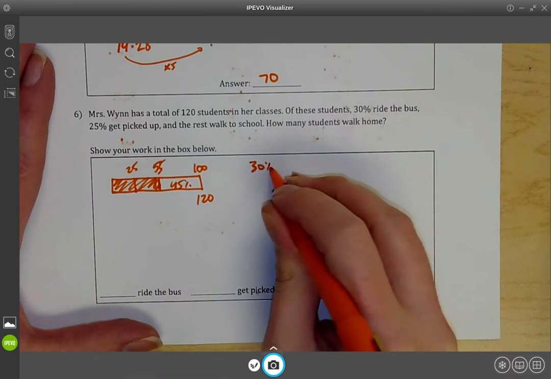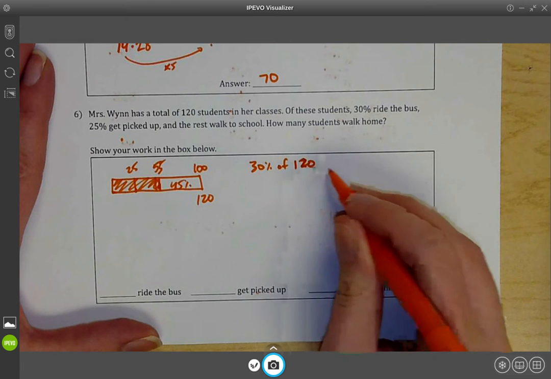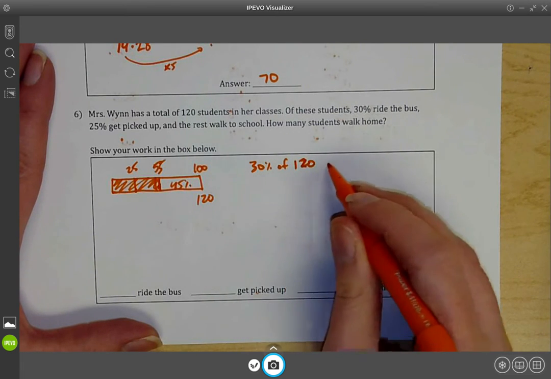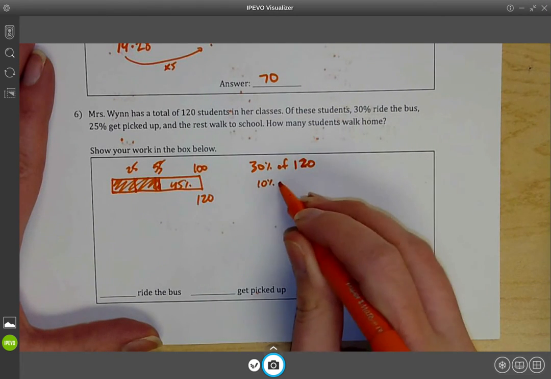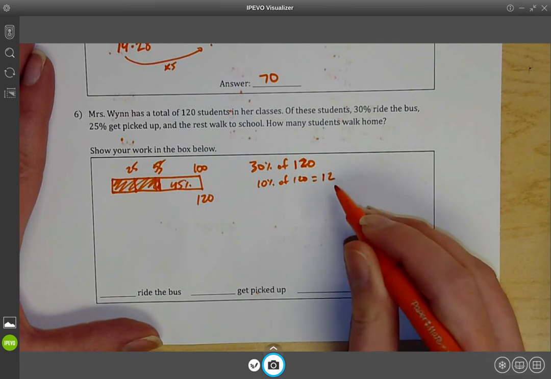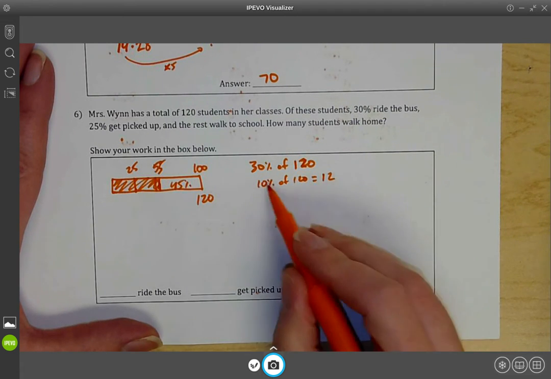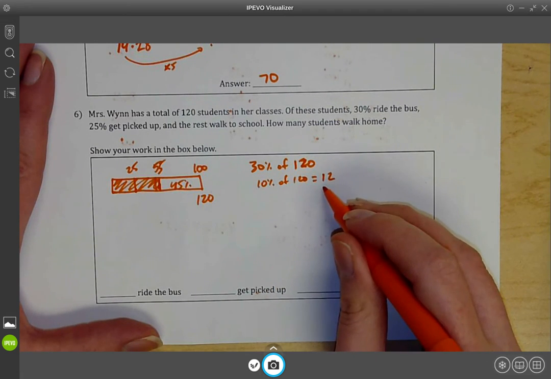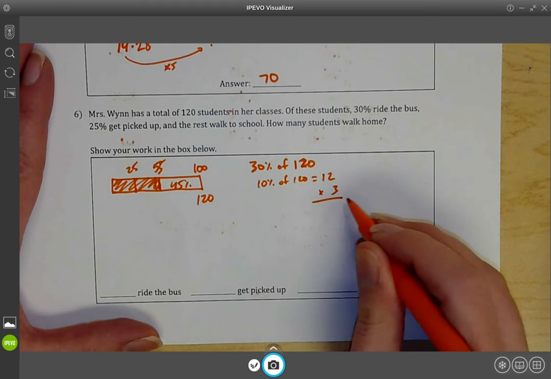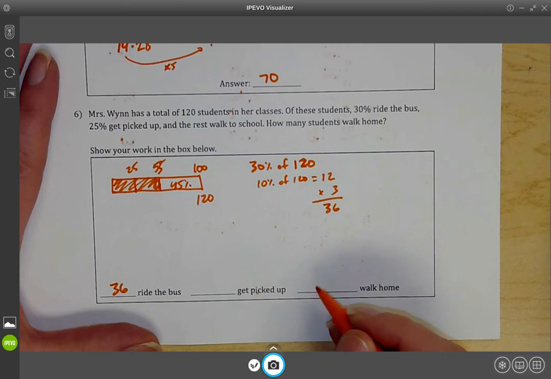So 30% out of the 120 total. Using benchmarks, I could say 10% of 120 is 12. I would need 10% three times, so 12 times 3 means 36 students ride the bus.